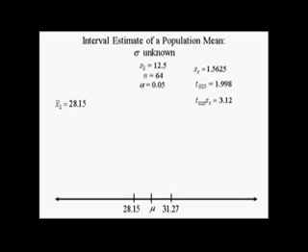The upper endpoint of the second interval estimate equals the second X bar of 28.15 plus the second estimated margin of error, 3.12, which equals 31.27. The lower endpoint of this interval estimate equals the second X bar, 28.15, minus the second estimated margin of error, 3.12, which equals 25.03.